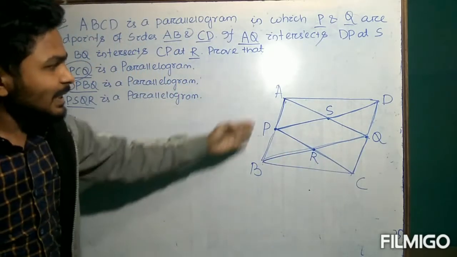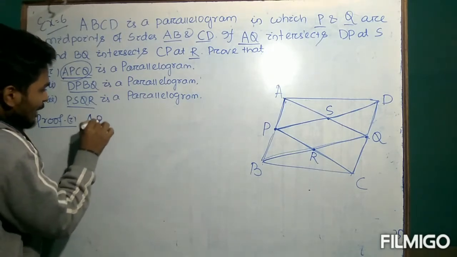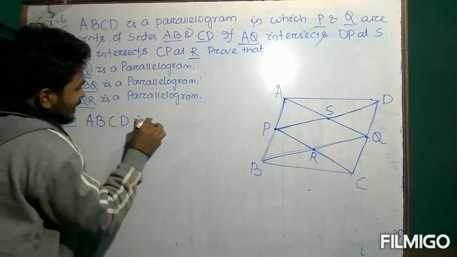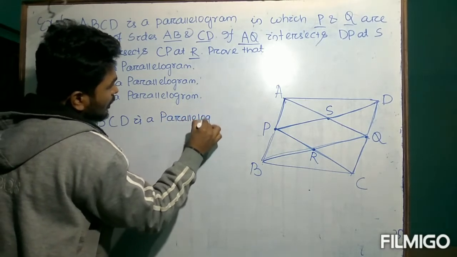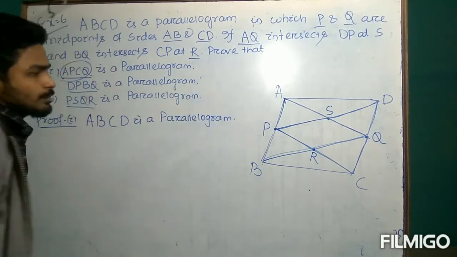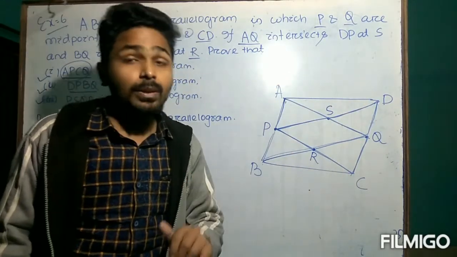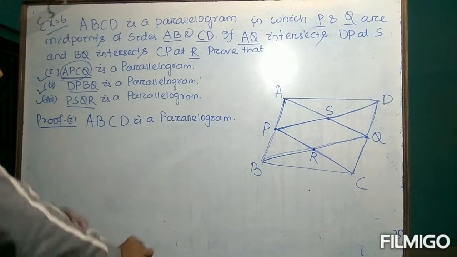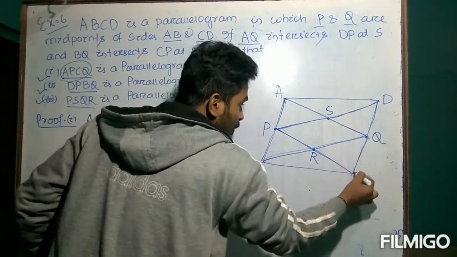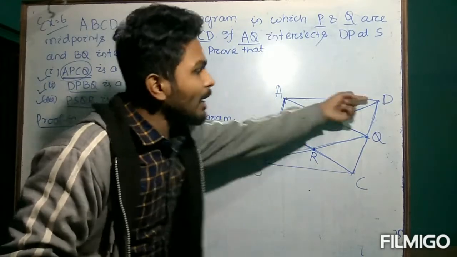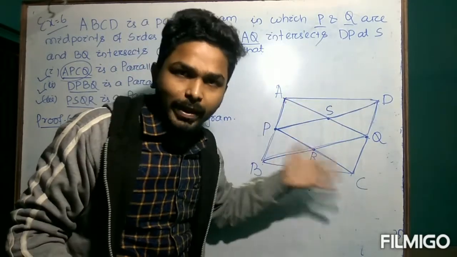Now, since it is given that ABCD is a parallelogram, we know the pairs of opposite sides are parallel as well as equal. So we can write AB is equal to DC and AB is parallel to DC. Similarly, AD is parallel to BC and also equal.